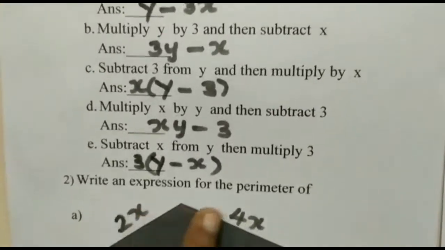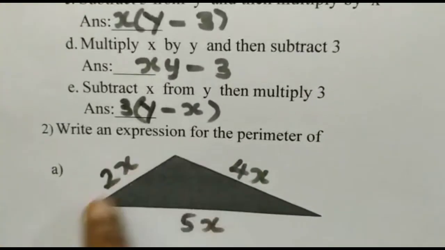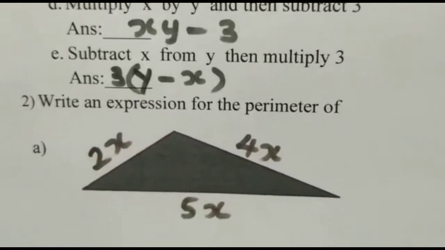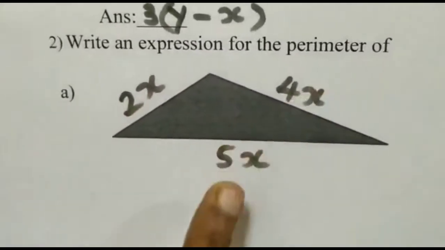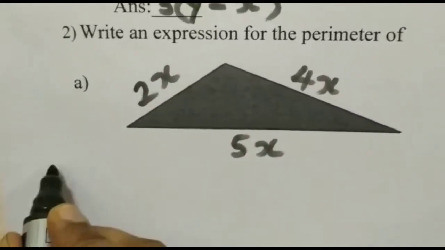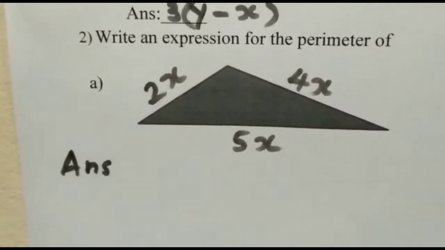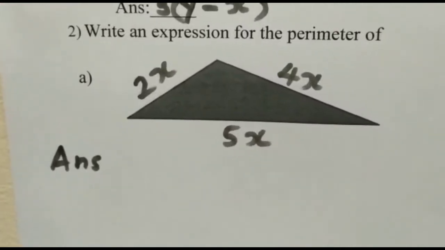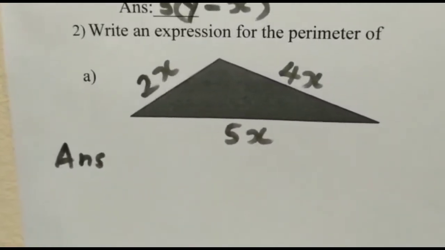Then next question, write an expression for the perimeter of a triangle. The sides are given: 2x, 4x and 5x. The definition of perimeter you learned in the lower classes. Perimeter means the distance around the figure. For a triangle there are 3 sides, so you should add the lengths of all 3 sides.